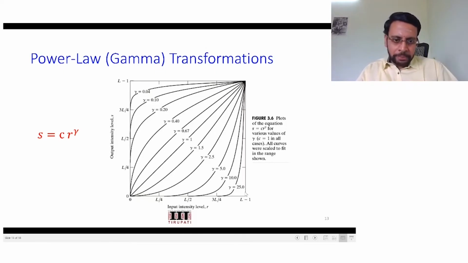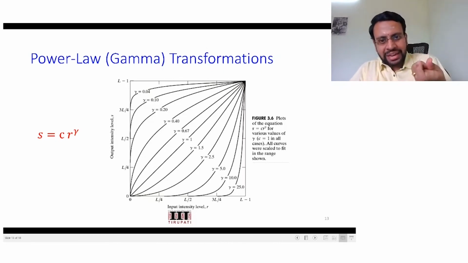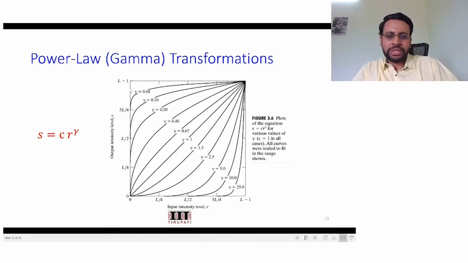When your gamma value is greater than 1, you could notice that even a small range of high intensity values are getting mapped to a large range of values here. On the contrary, a broad range of low intensity values are getting mapped to a small range of intensity values here, and this is becoming more and more dominant as you are increasing the gamma value.